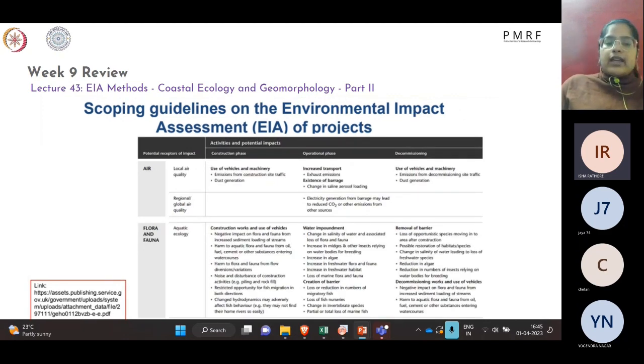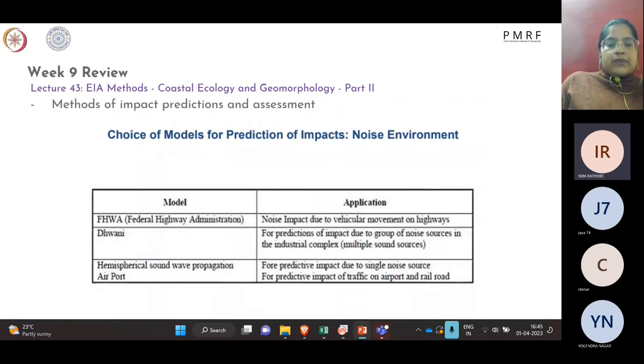Again, on air, flora, and fauna. And then we also looked up the methods of impact predictions and assessments. So there are different models for prediction of impact. For example, for noise environment, we have the Federal Highway Administration model, which talks about the noise impact because of vehicular movements on highways.